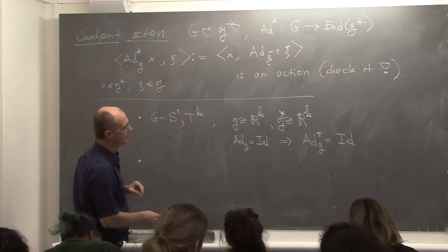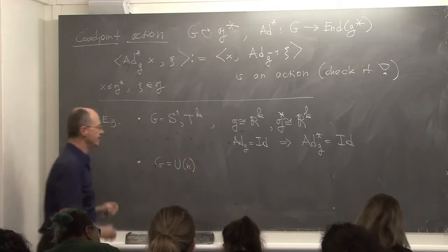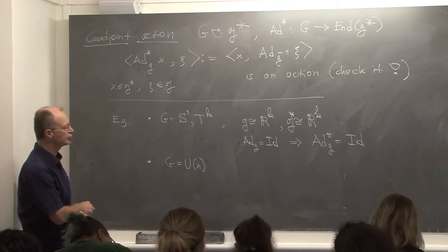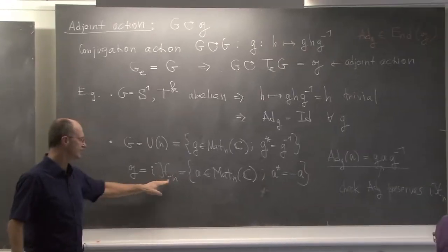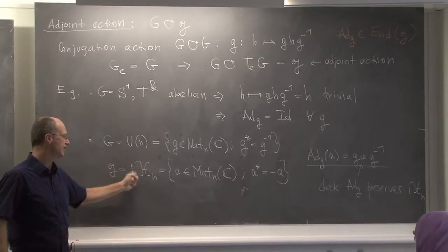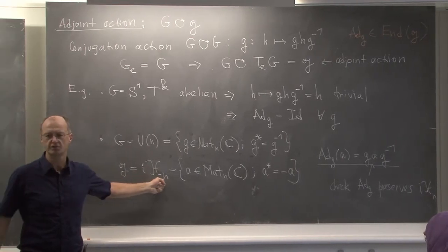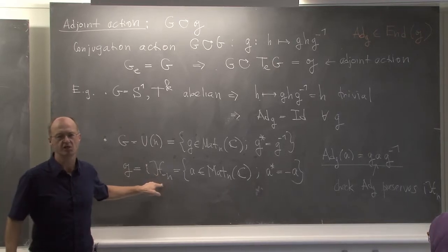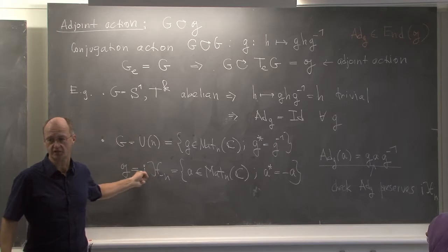Now, well, sometimes it's not trivial. What about this UN? Now, I will make a choice. So here, this is, to some extent, the choice that I'm identifying the Lie algebra with anti-Hermitian matrices, but this choice is more or less canonical. Now I will make a choice which people typically make, but which is not quite canonical.